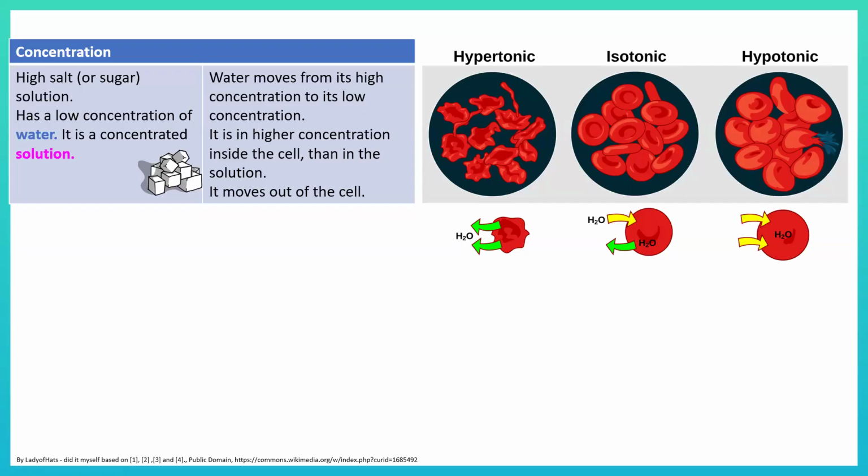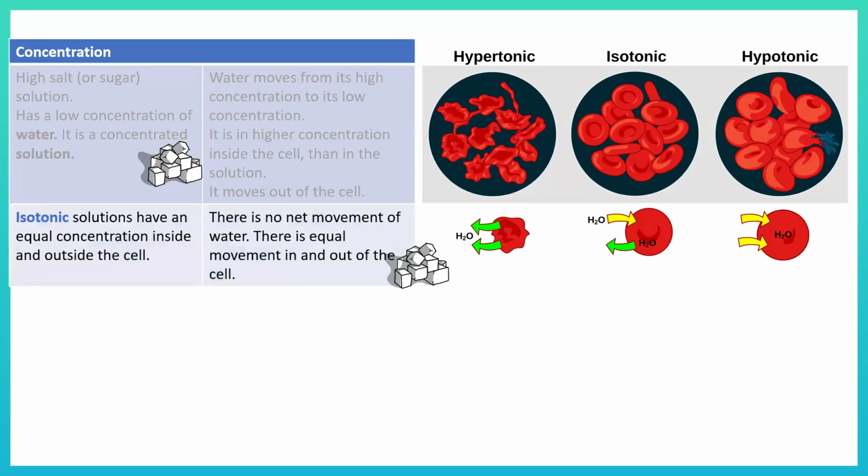So the water will move from a high concentration outside the cell to a low concentration inside the cell. And the reverse happens if you put blood cells in a salty solution. All the water moves from inside the cell where it's in high concentration to outside the cell where it's salty, because the water's in low concentration there.